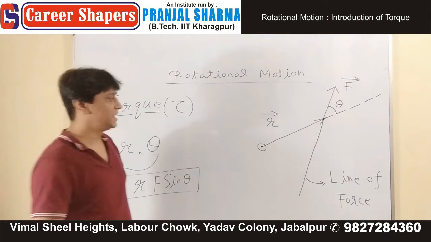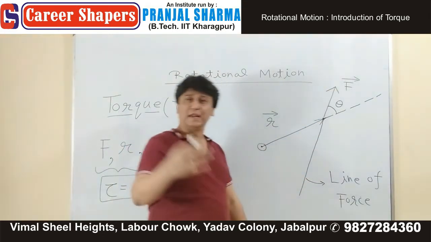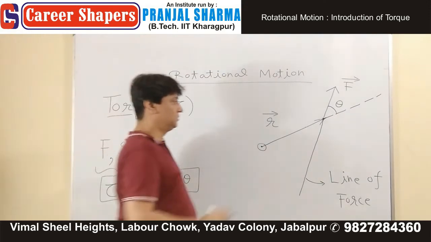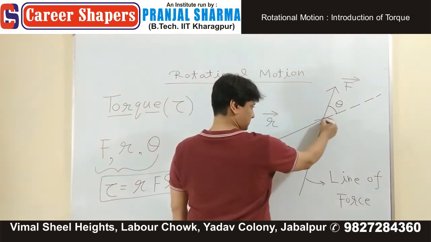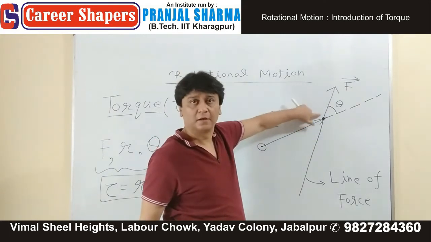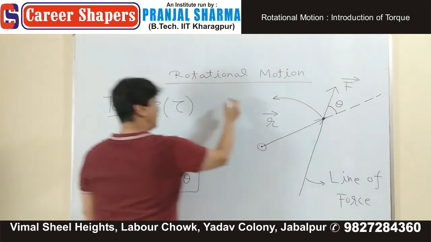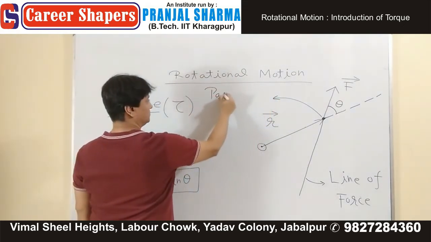कोई स्पेशल चीज नहीं, जिस डायरेक्शन में फोर्स लग रहा है हमने इसको बोल दिया है लाइन ऑफ फोर्स. What is this? The point where force is acting. This is point of application of force.